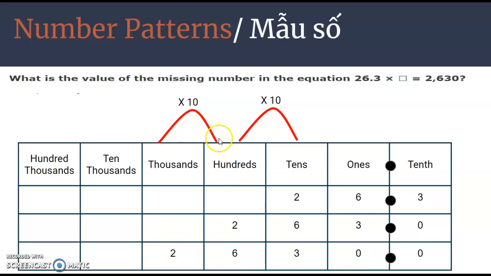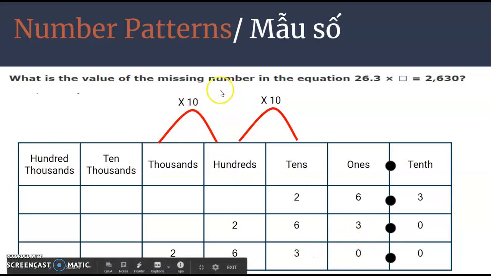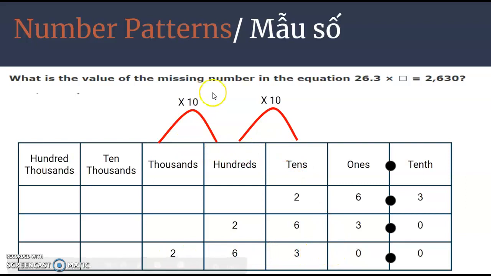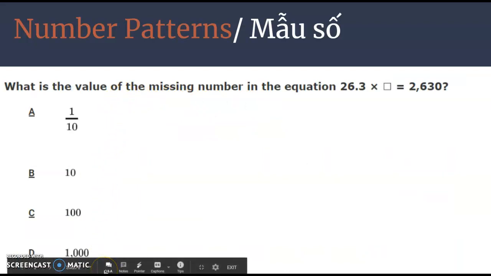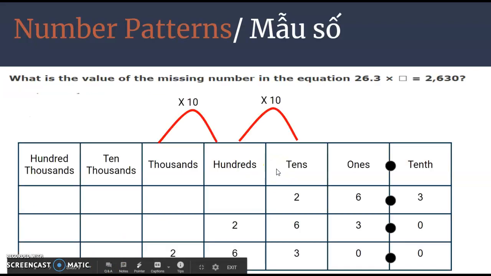If I multiply 263 by 10 again, I'm going to get 2,630. So my answer for this problem is 10 times 10, which is equal to what, guys? Which is our answer choice? Very good. It is C, 100.